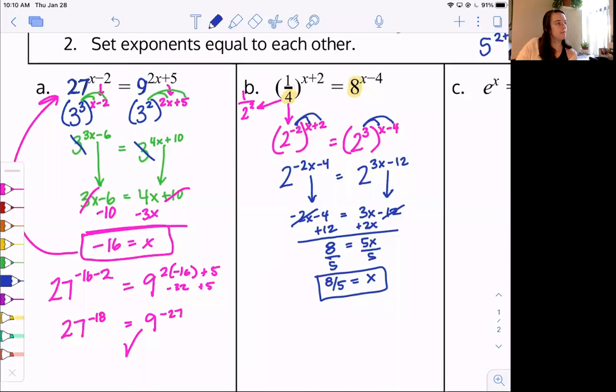Cool. This is where we're sitting, mostly 4s, some 3s, some 5s. I like it. All right, let's try another one.